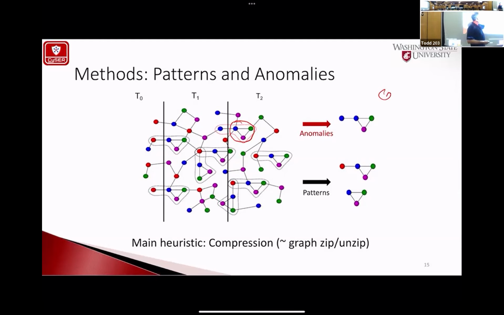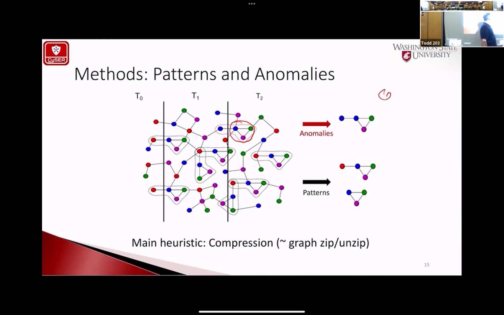Well, you could say, I see all of these instances of this pattern, so why don't I replace them all with something like pattern one? And now I can compress this graph and replace all of these patterns with a single node that says this is pattern one, and a little extra information about how it's connected. And then the graph gets smaller.